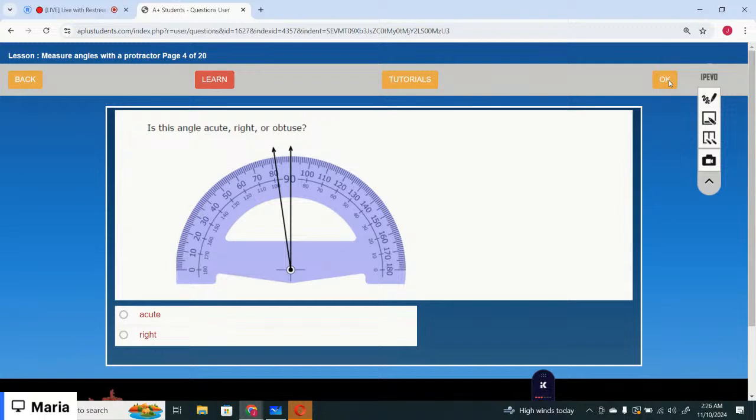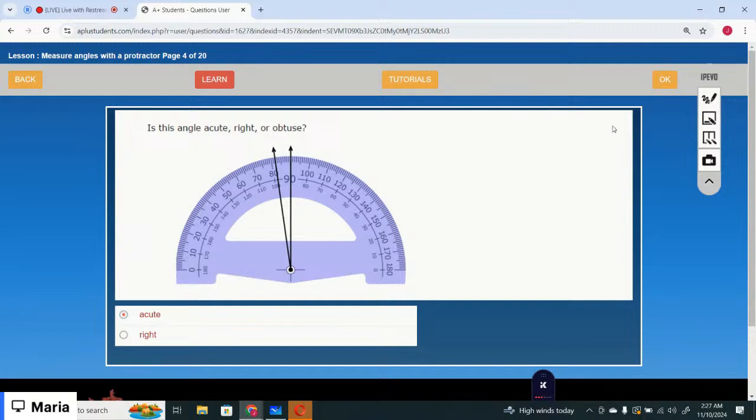Okay, is this angle acute, right, or obtuse? Which is the correct option? That is an acute angle.